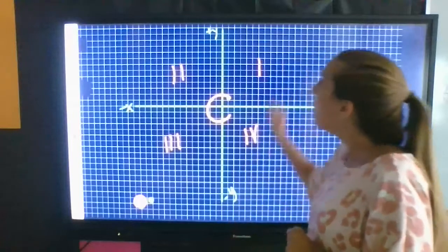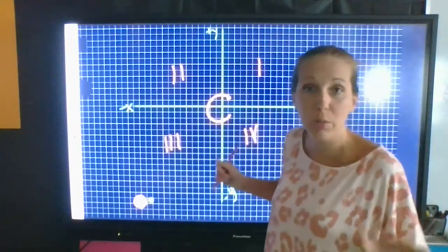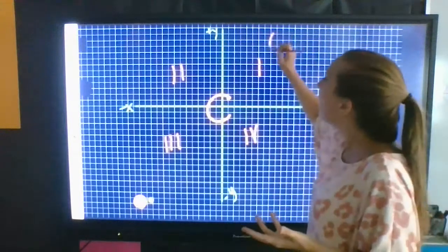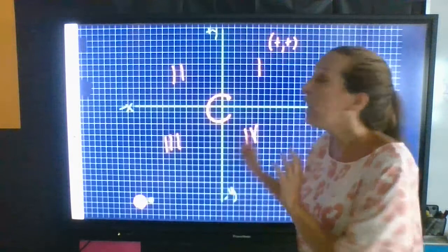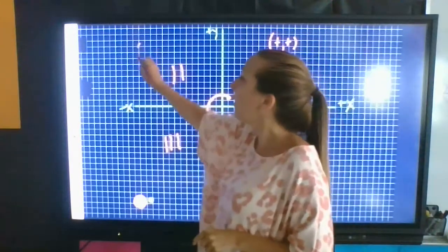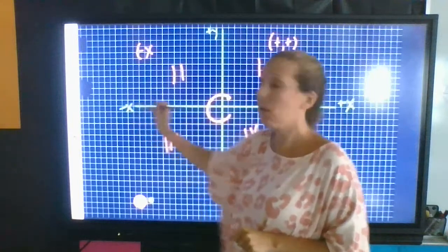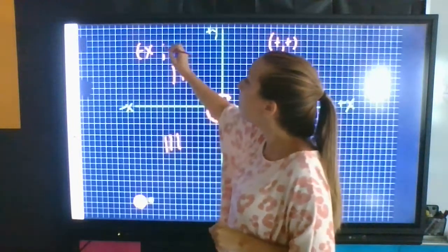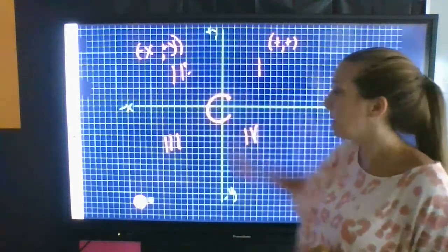Okay, so with quadrant 1, everything is positive. This is the quadrant that you used mostly in elementary school. So you have a positive X and a positive Y. In quadrant 2, you have a negative X because you went left to the negative, and then you're going to go positive Y. So you have a negative and a positive.